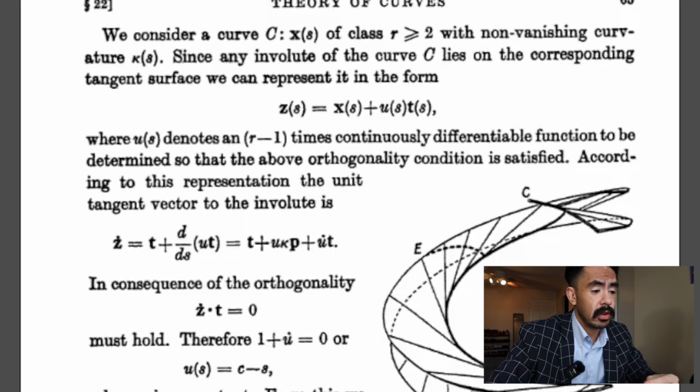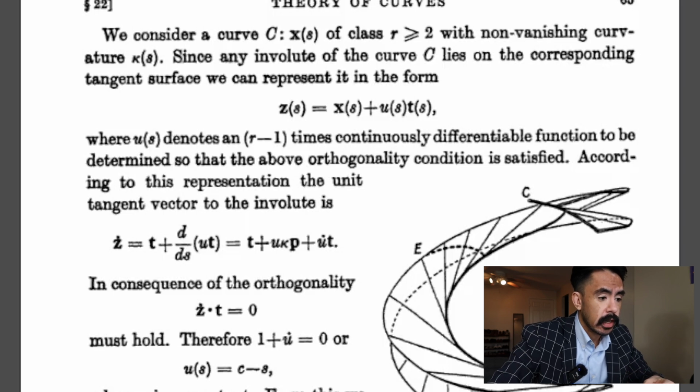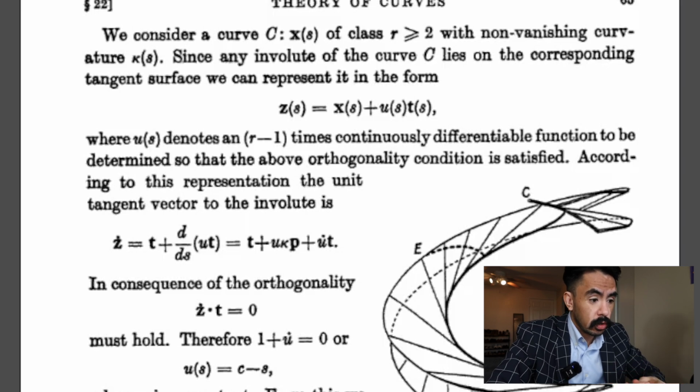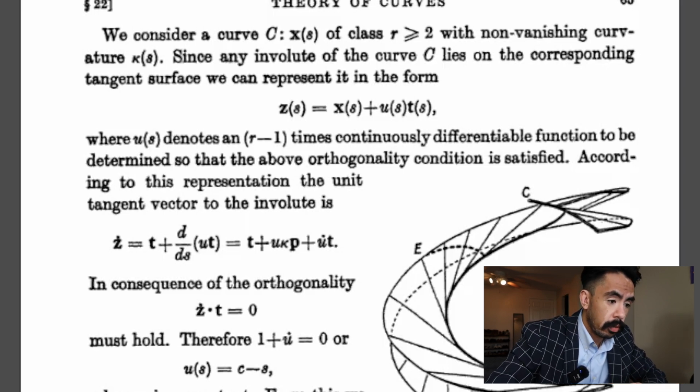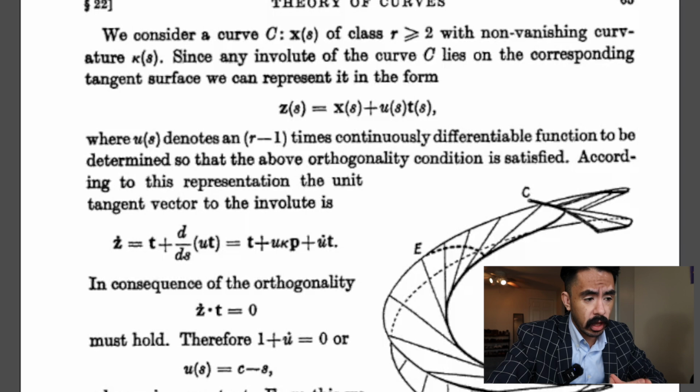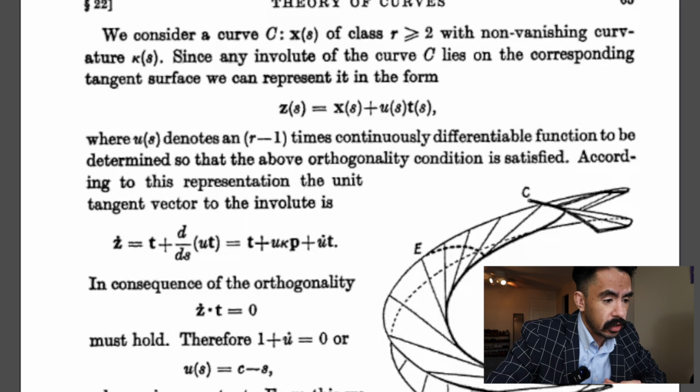According to this representation, the unit tangent vector to the involute is z dot, or the derivative in terms of arc length of the vector z, equal to the vector t plus d/ds of u times vector t, which is equal to vector t plus u times curvature kappa times the unit principal normal vector p plus the derivative in terms of arc length of u, or u dot, times the vector t.